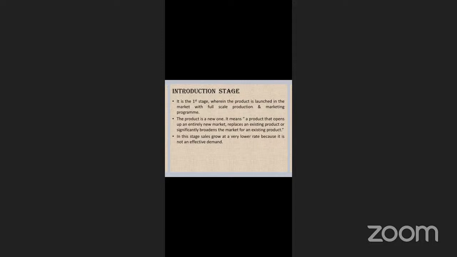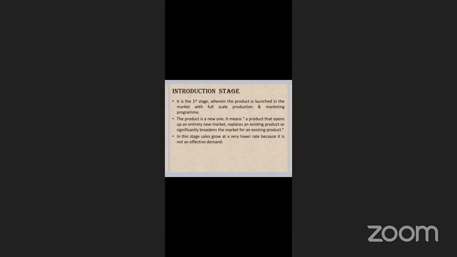Actually, when the product is introduced in the market, with regard to the price, they apply two strategies. One is price skimming and one is price penetration. So price skimming means charging an initially high price and gradually reducing the price as the market grows. Understood?